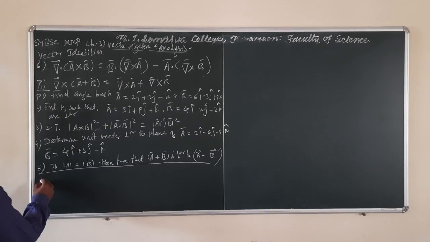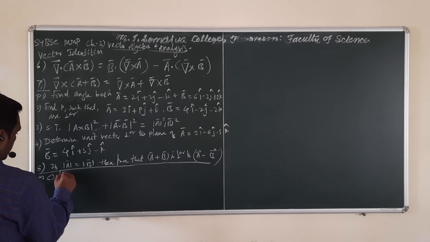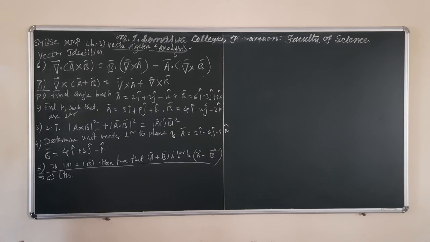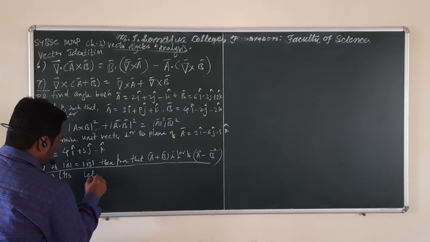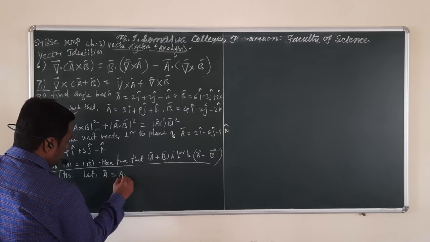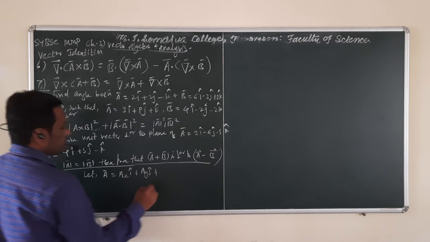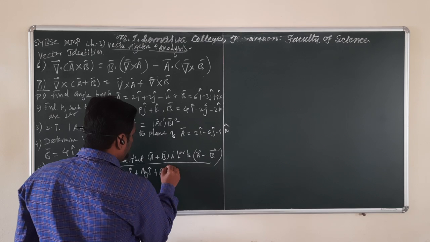So for identity 6, the left hand side is del dot a cross b. Before that, we know that vector a is ax i cap, ay j cap, and az k cap.